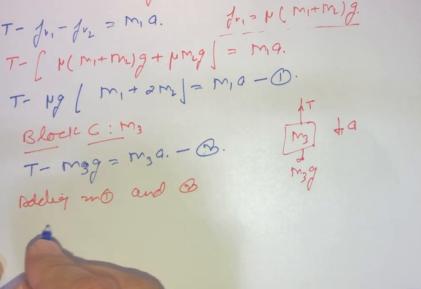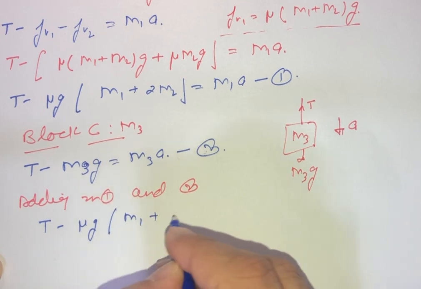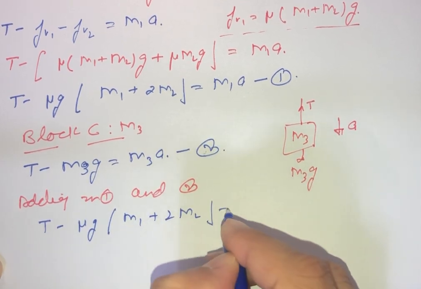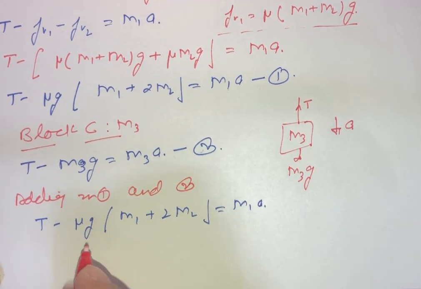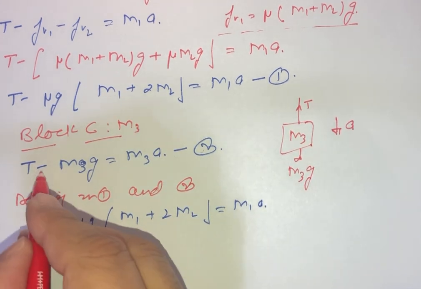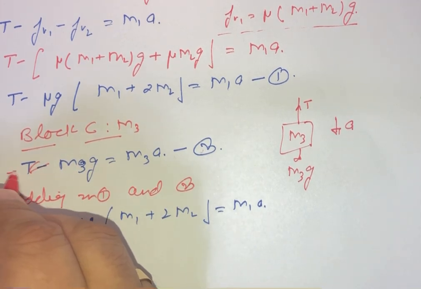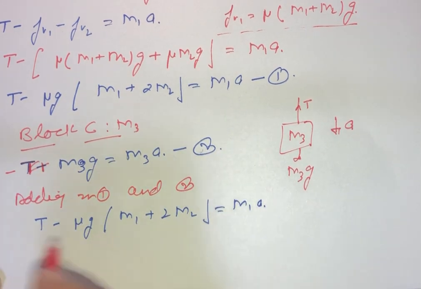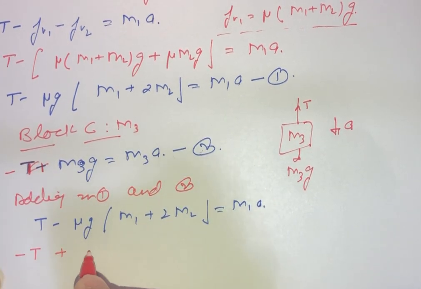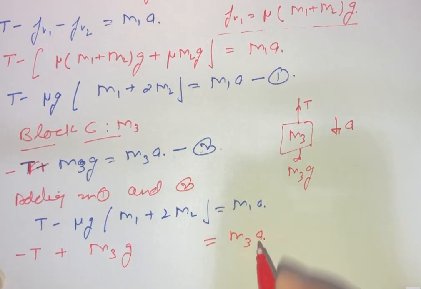So let me write equation 1, that is T minus mu g m1 plus 2m2 is equal to m1a, and we have equation 2 as, sorry, my mistake, it should be m3g, let me write minus T plus m3g is equal to m3a, because it is moving in downward direction.